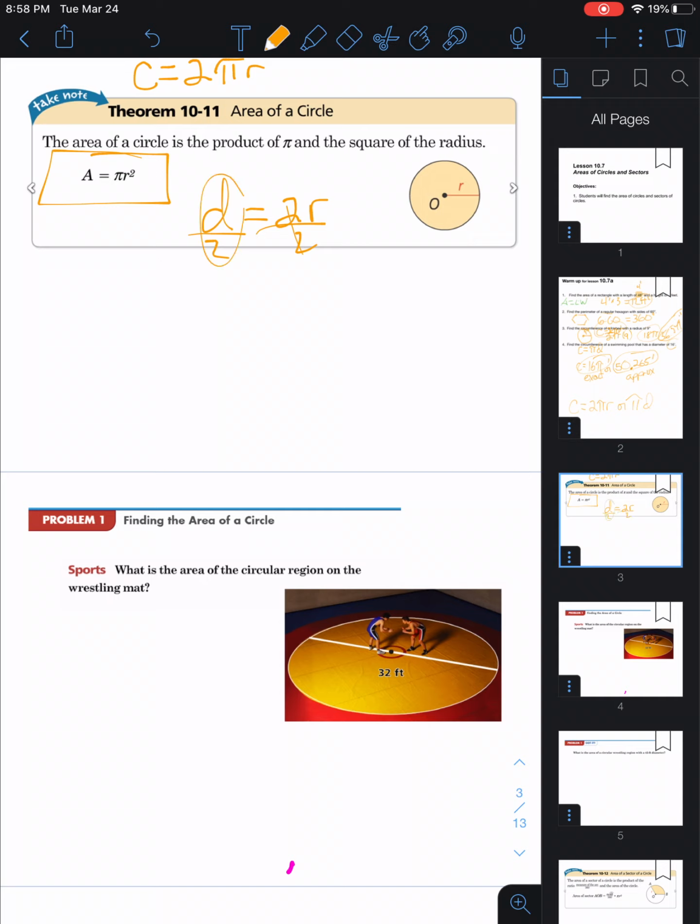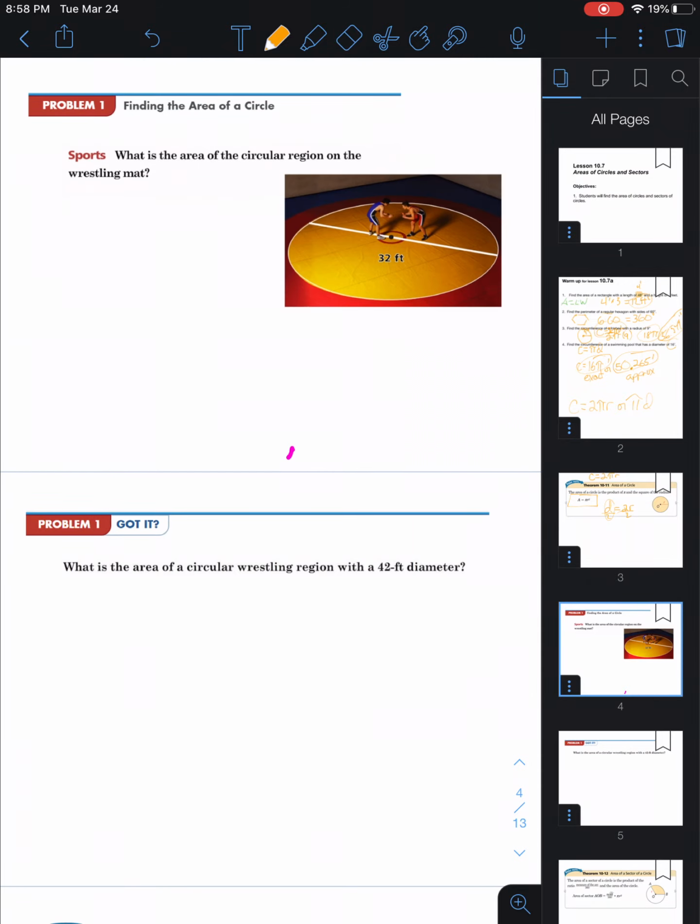All right, we'll take a look at this next slide, finding the area of a circle. It says the area of a region of a wrestling mat, and they've got a white line going straight across through the center, and it says 32 feet. Well, if it goes through the center and connects on the ends, then it is a diameter. The diameter would be 32 feet, so the radius would be half of that, 16 feet.